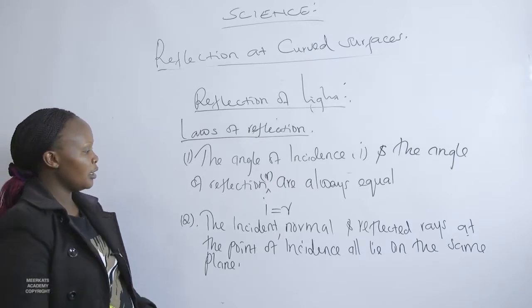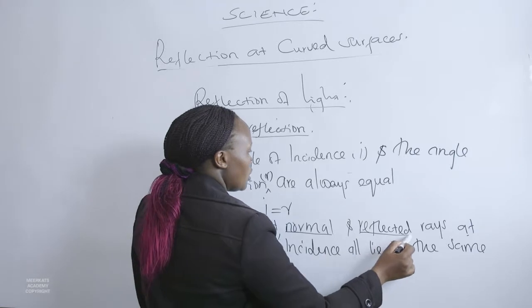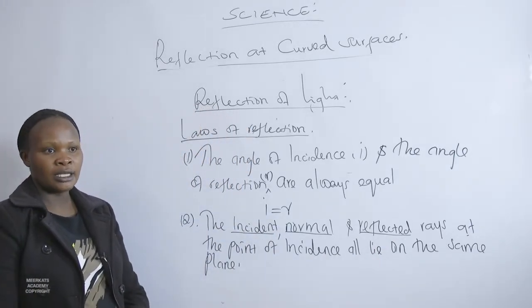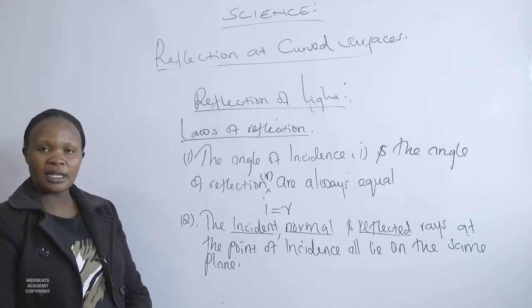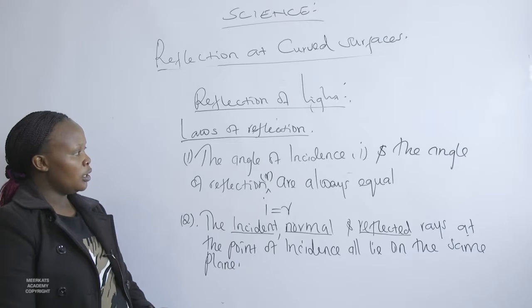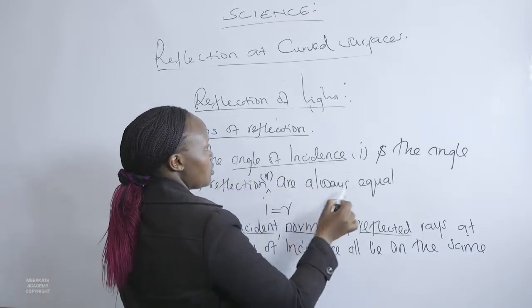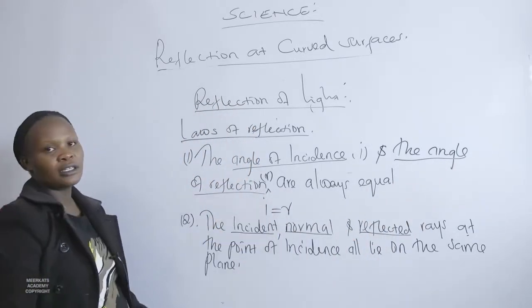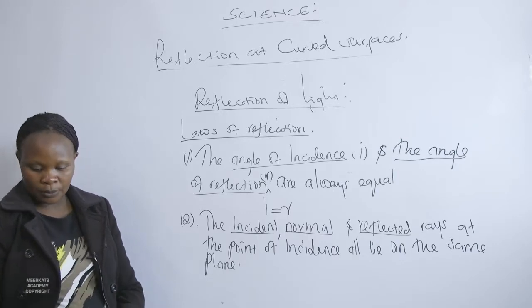That the three important rays that we have looked at at the point of incidence will always lie on the same plane. And then the next law is the one that gives us the relationship between the angles, and basically it suggests that our two angles are actually equal.